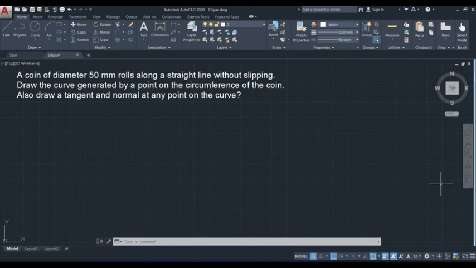So from the question there is no data related to the name of the curve. We have to identify the name from the given data. There is a data that a coin is rolling along a straight line path.